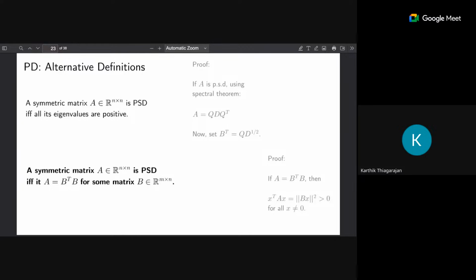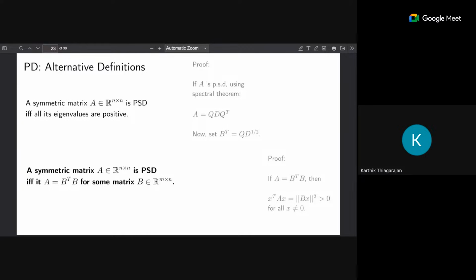What about your covariance matrix, which you study in week 7? That is XX transpose by N, right? So what is that? That is also positive semi-definite.